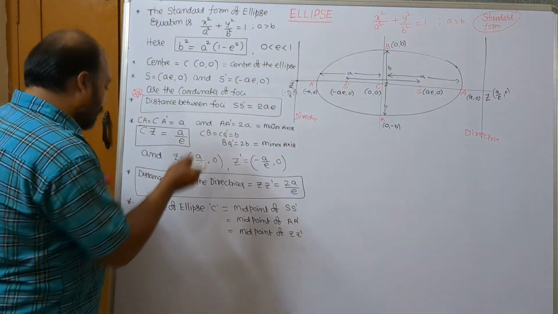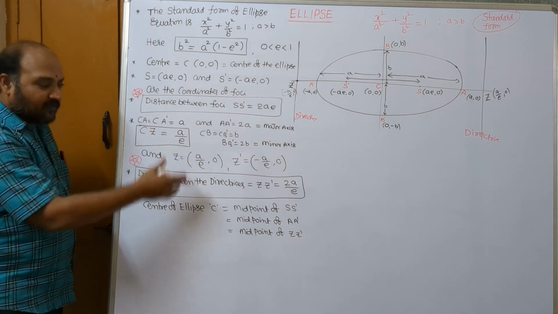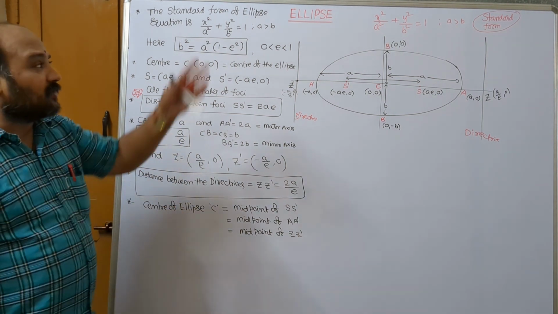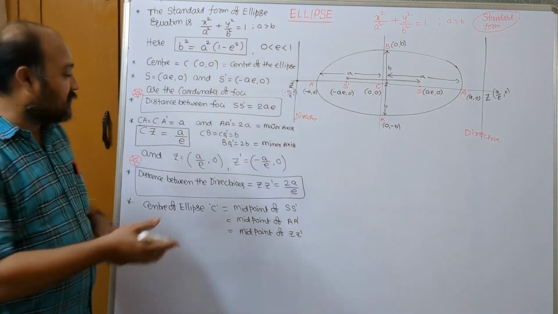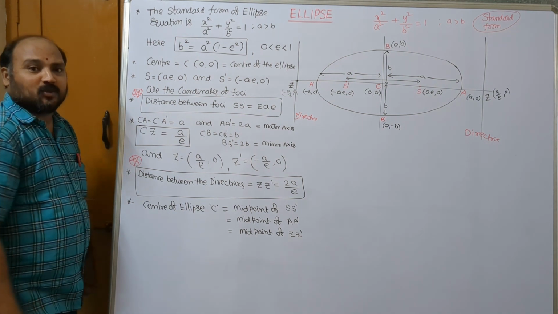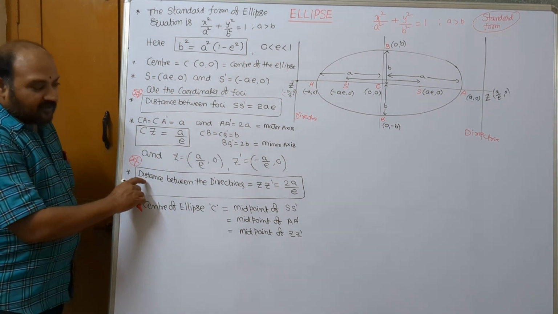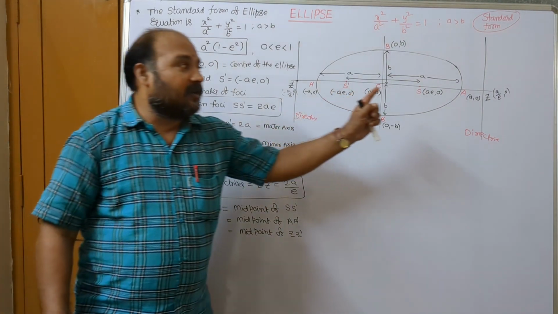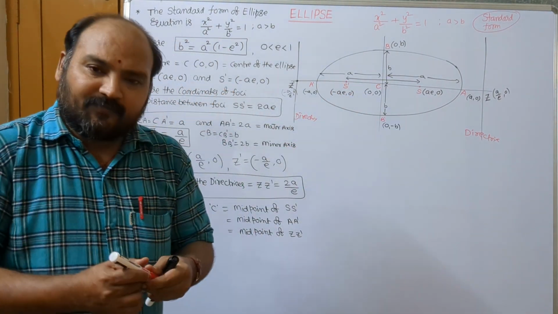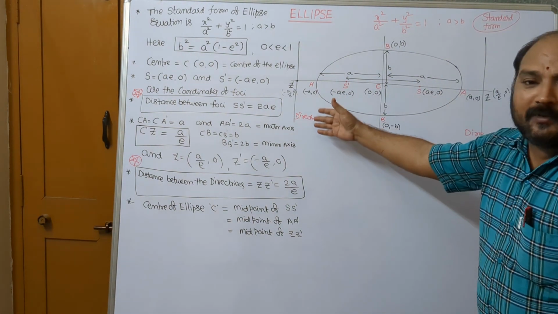In the same question, they may ask the distance between foci and the distance between directrices, or to find the equation of the standard form of the ellipse. Some values they will give. Based on these concepts, they may ask questions. Distance between directrices: Z is (a by e, 0) and Z dash is (minus a by e, 0).